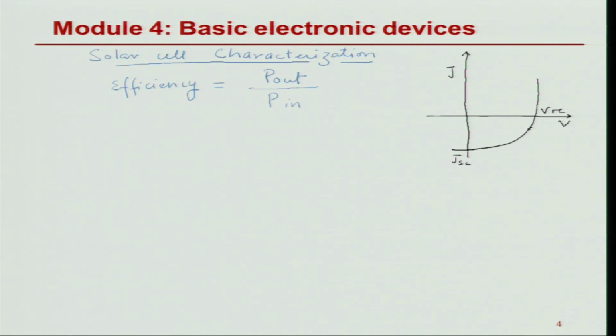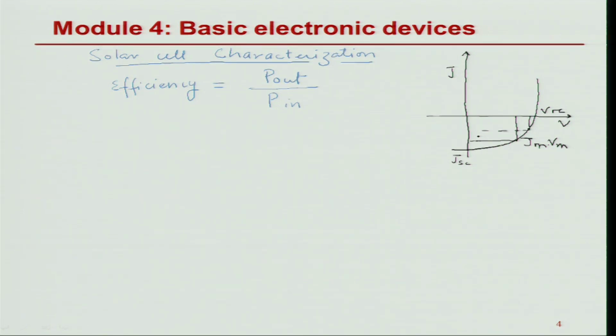I can have any value of J corresponding to which I will have a value of V. So at any point that would be the power. But in order to make one definite value, what I like to do is calculate a point at which I have maximum value of J multiplied by maximum value of V. So I maximize the JV product, and that point is the maximum power that I can take.